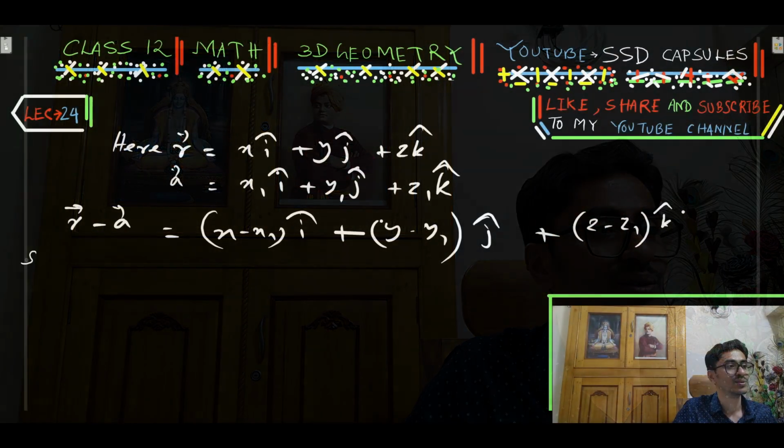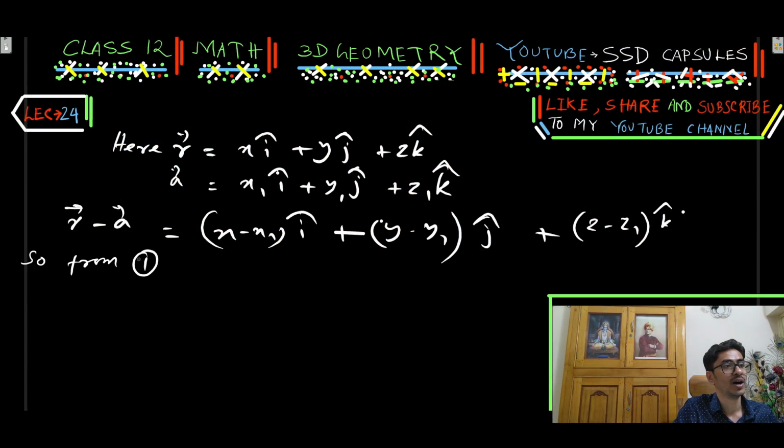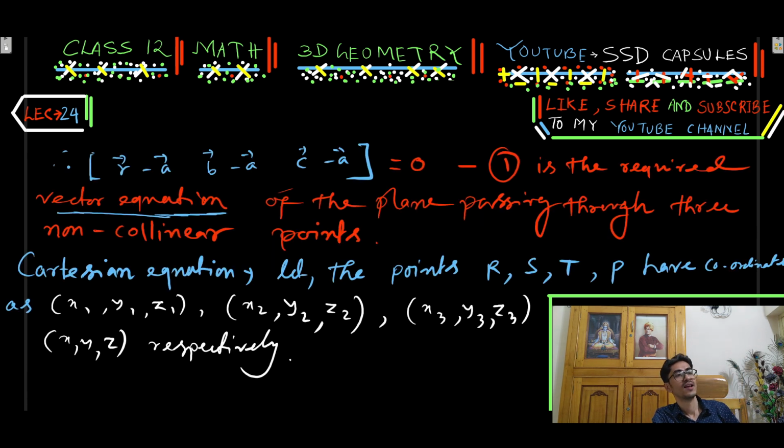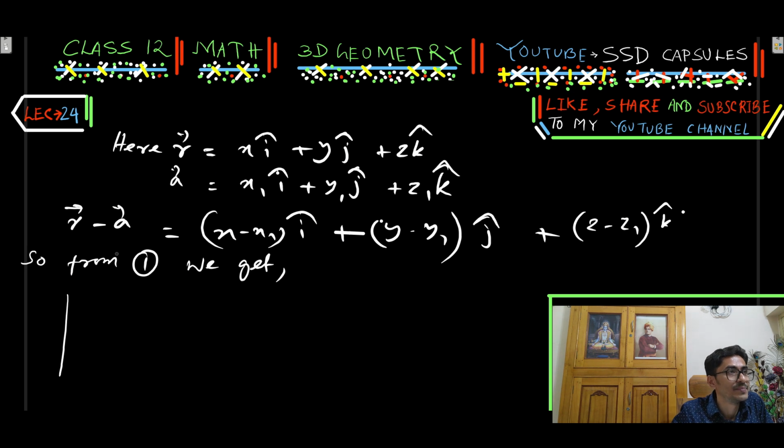So from equation 1 we get the determinant. See previous page. R vector minus a vector means x minus x1, y minus y1, z minus z1.